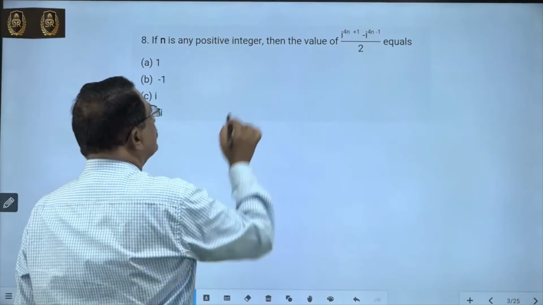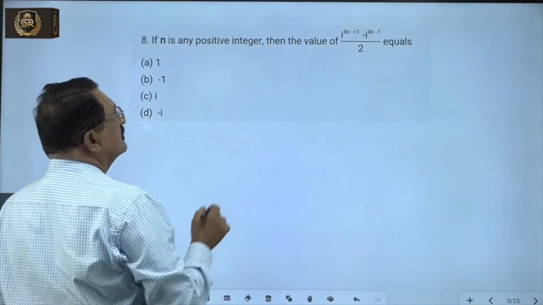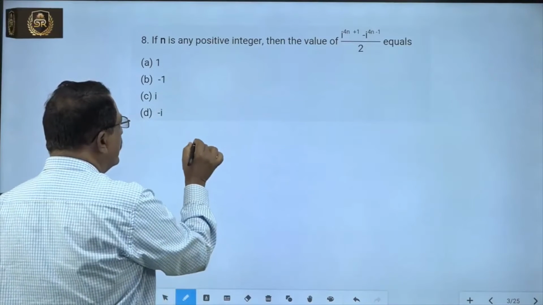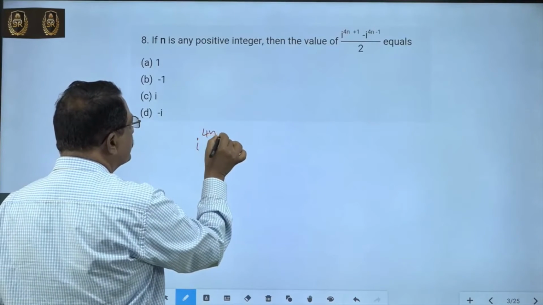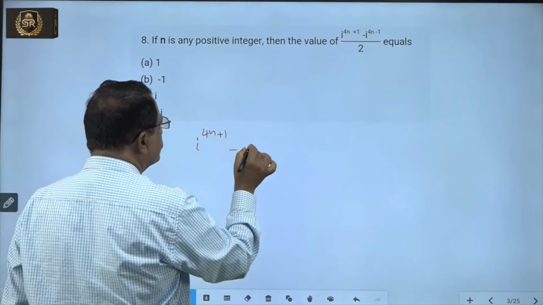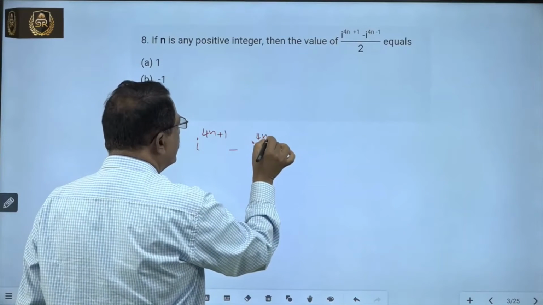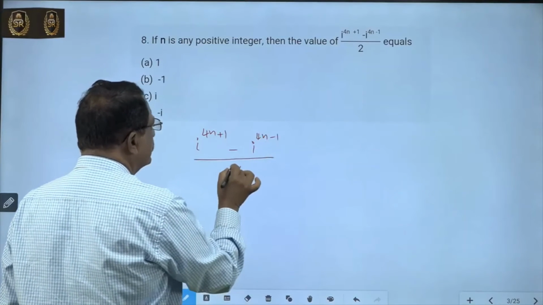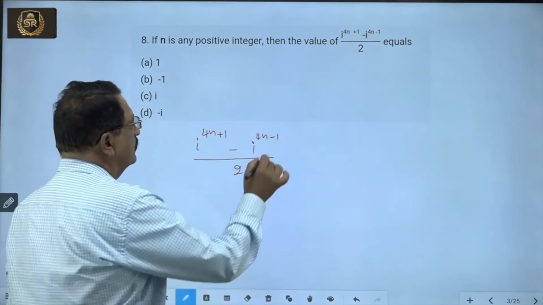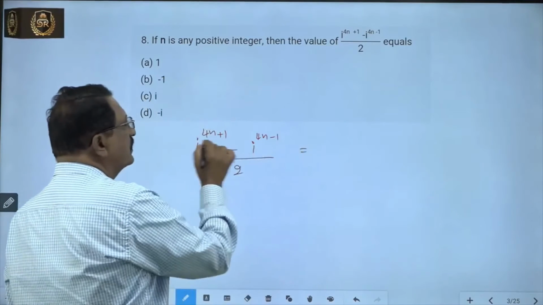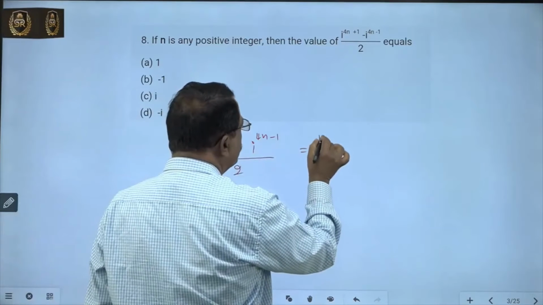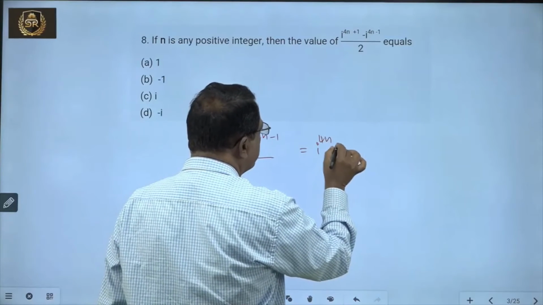Next, if n is any positive integer, then the value of i to the power of 4n plus 1 minus i to the power of 4n minus 1, by 2. We require this value. Now i to the power of 4n plus 1 can be written as i to the power of 4n into i.